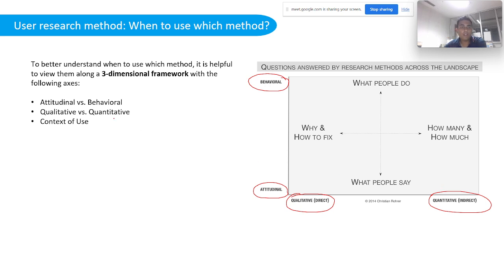And also there is context, based on which you choose which particular method you will be using. So basically it's a three-dimensional framework. You consider whether you are looking for attitudinal data or behavioral data.